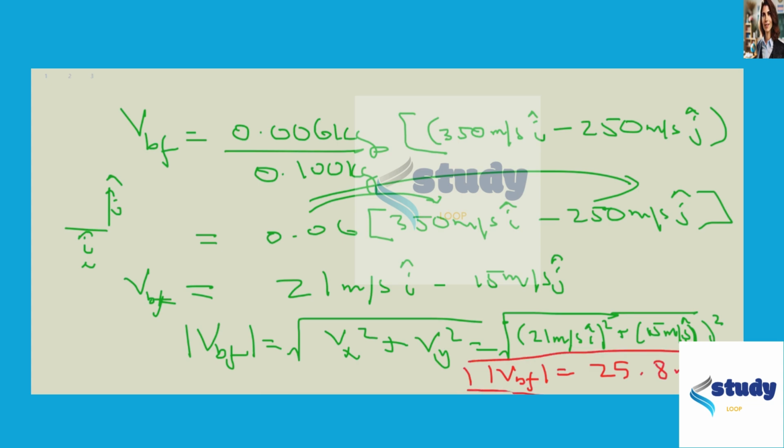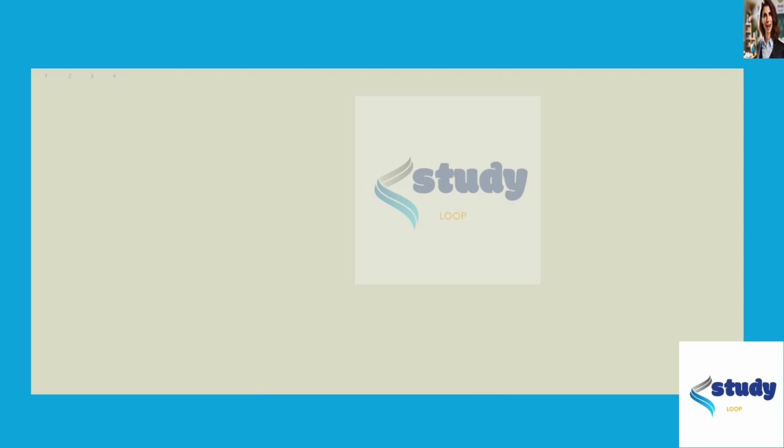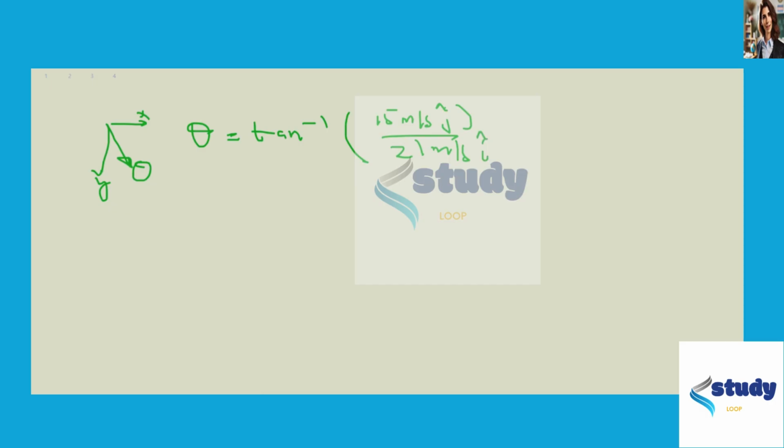Now we need to find the direction. To find the direction, remember it's going that way, so we have an x component and a y component, and this is the stone. So theta is the tan inverse of 15 meters per second j hat over 21 meters per second i hat.